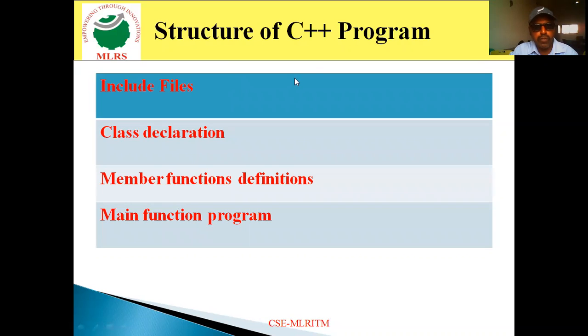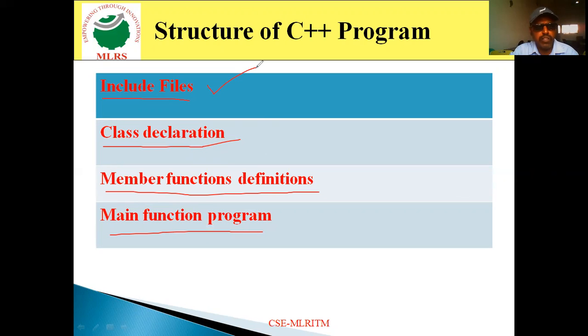See, at the topmost we have include files. Then after the include files, we have class declaration. Then we have member functions definition, and at last the main function program. Observe clearly here, at the top we have the include files.